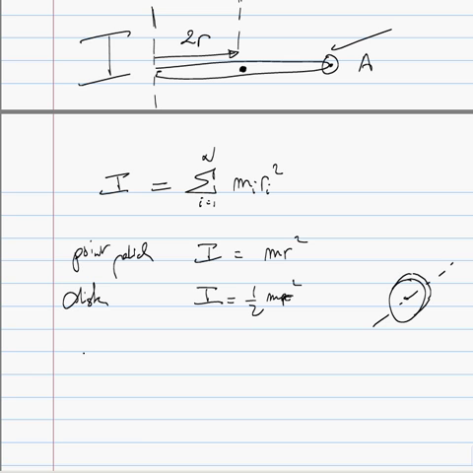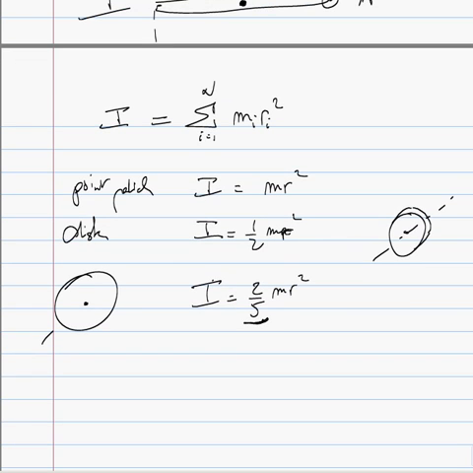If you now have a solid sphere rotating about an axis at its center, then I is equal to 2/5 mr squared. Actually, 2/5, yeah, but I forgot if it's a hollow sphere or solid sphere.